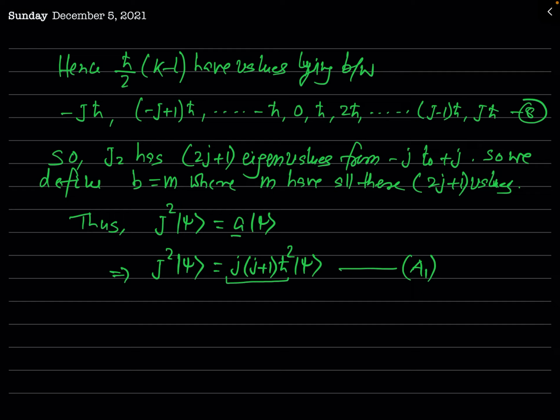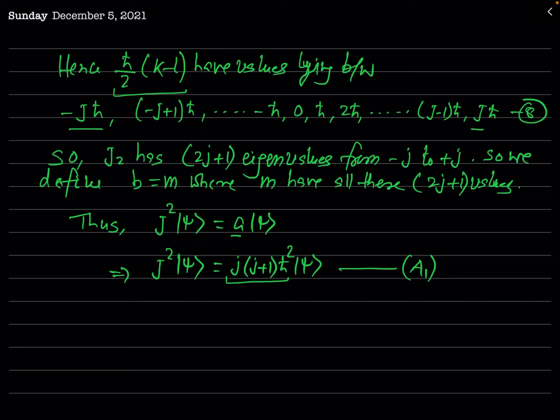And we have seen that the eigenvalues of the operator Jz are simply equal to m h bar, because we have written that this operator Jz has the eigenvalue h bar by 2 times k minus l, and these values lie between minus j h bar and plus j h bar.